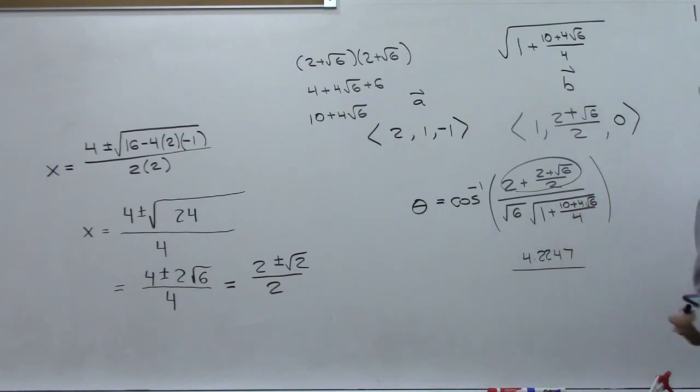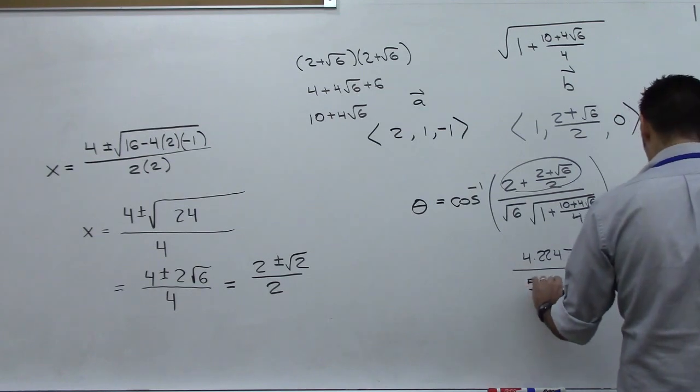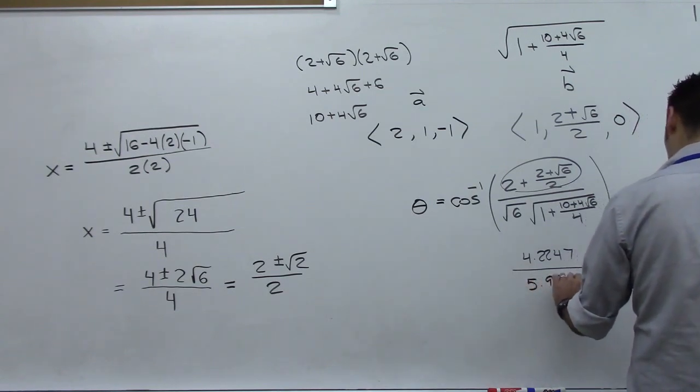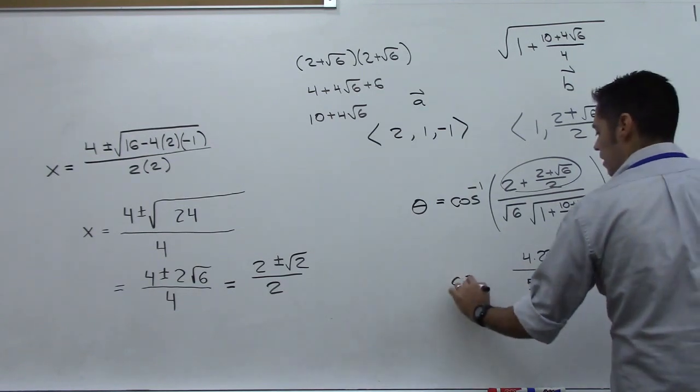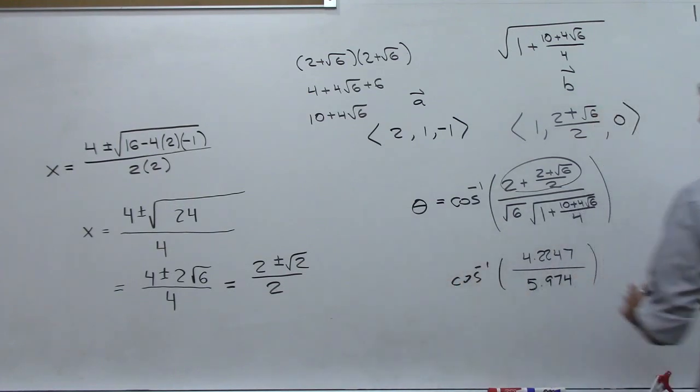Over, now let me try and do this: root 6 times 4, plus 10, divided by 4, plus 1, square root, times root 6. I'm getting 5.974, something like that. And I'm going to take cosine inverse of this.